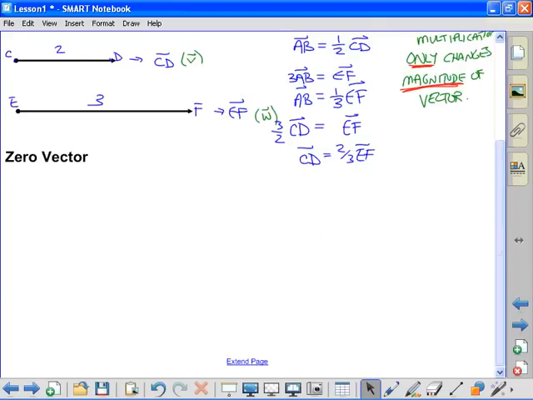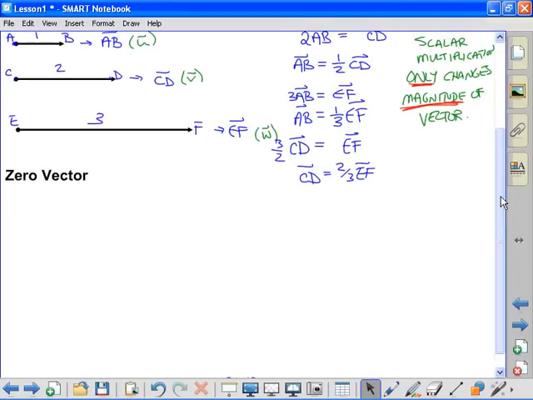And the zero vector. I just want to talk about what it looks like graphically, because above you see vectors A, B, C, D. Those are vectors that you can see. What about the zero vector? The zero vector is going to appear as a dot, which means the magnitude of the zero vector, and yes, it's a 0 with a vector symbol on top, is 0.